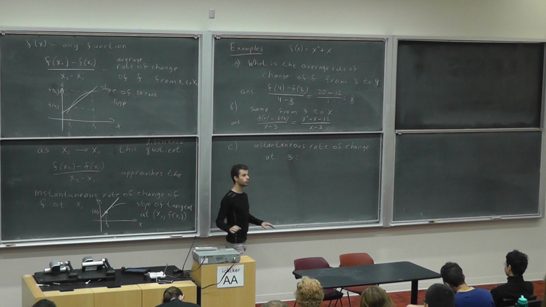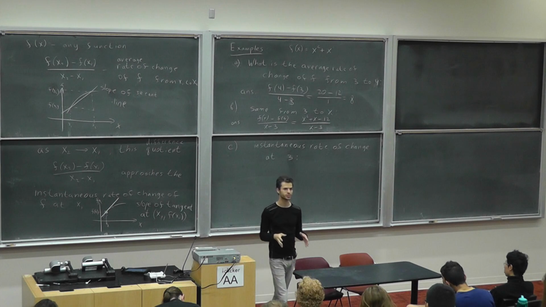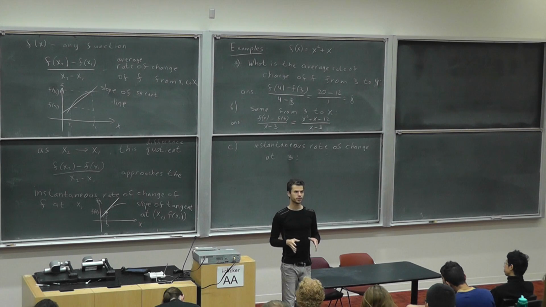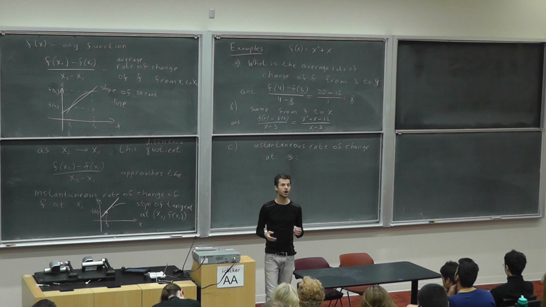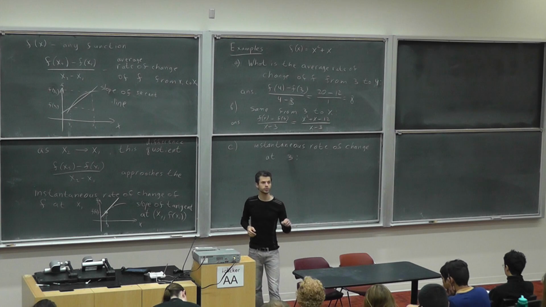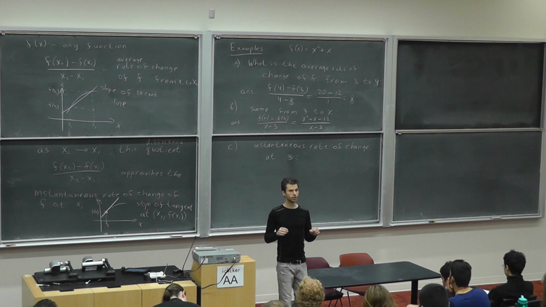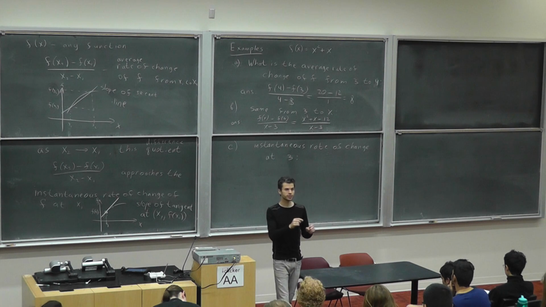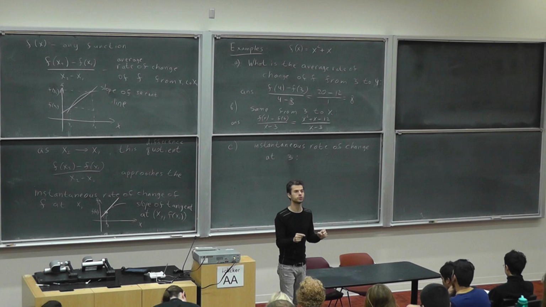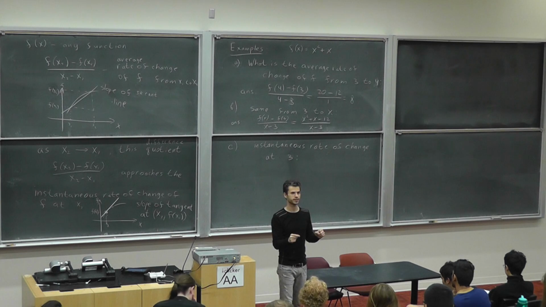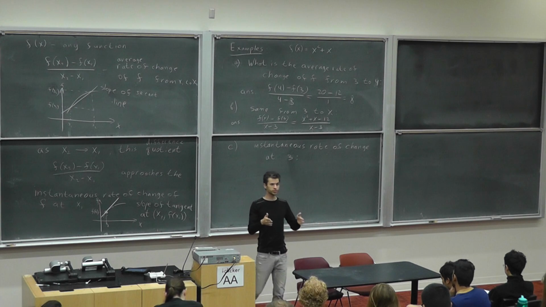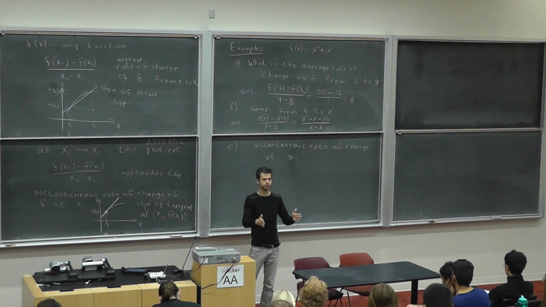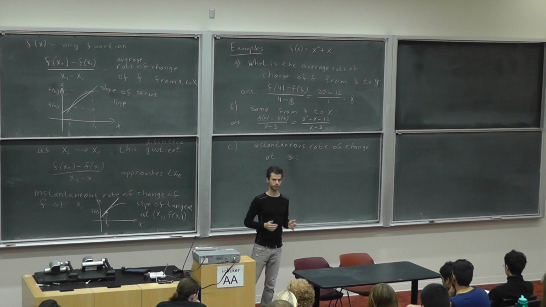Well, let's recall what we mean by instantaneous rate of change. We said that if we want to measure how fast the function is growing at the point 3, I'll measure how fast it's growing, well, on average, from 3 to some point which is really, really close to 3. And then I'll make this interval from 3 to a point which is close to 3 shorter and shorter and shorter.